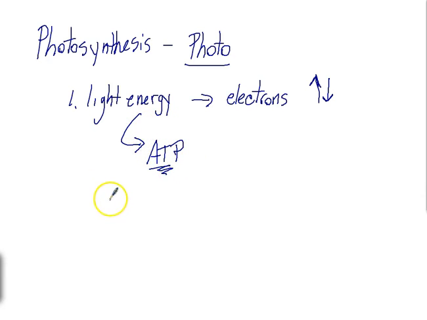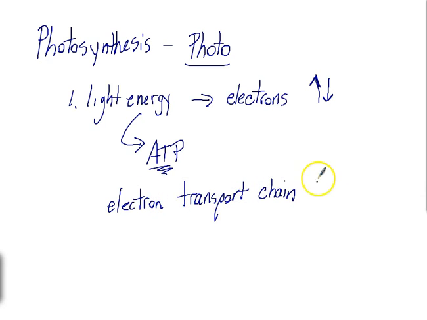And that is exactly like cell respiration. There's an electron transport chain in the first portion of this. So when the sun hits the electron and it jumps up energy levels and it's grabbed, it's then passed down an electron chain. And as it falls in energy, that energy is used to generate ATP.